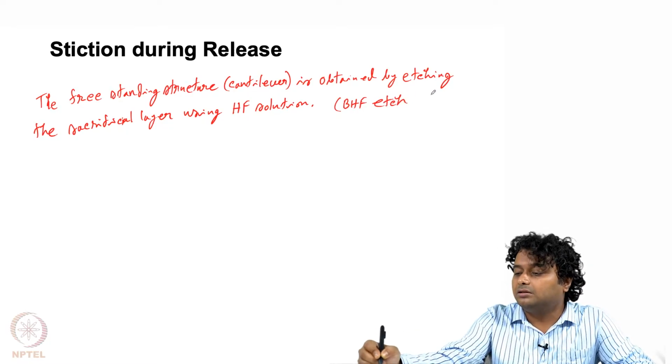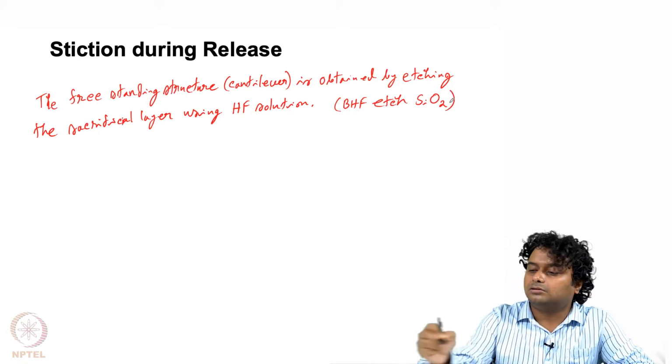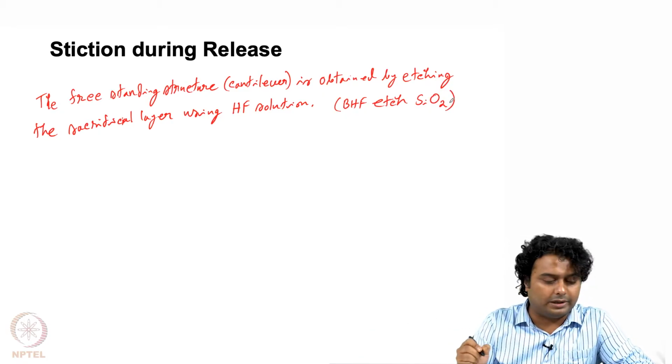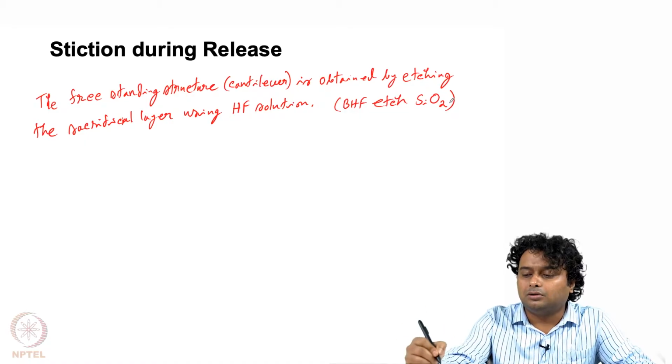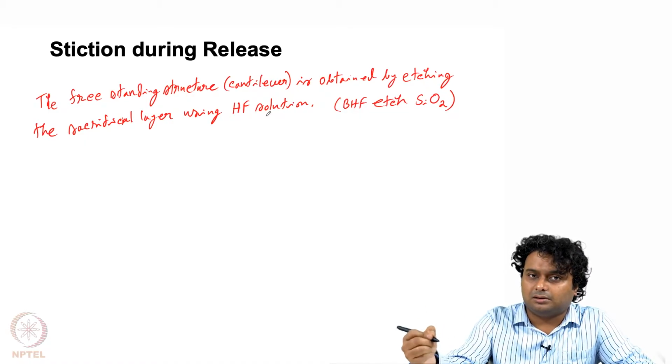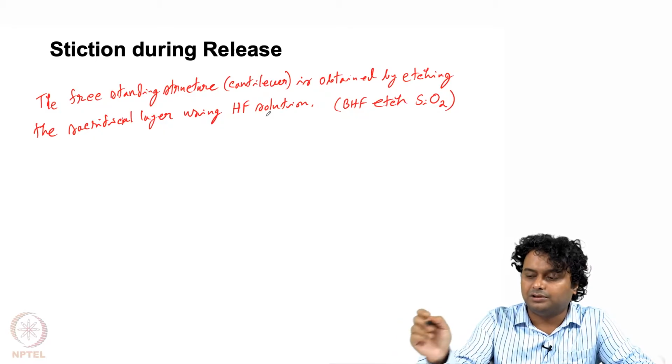Buffered HF is used to etch SiO2. So if we have a sample with an SiO2 layer on top of it, and we put it into HF solution, then that SiO2 layer gets dissolved and removed from the sample.